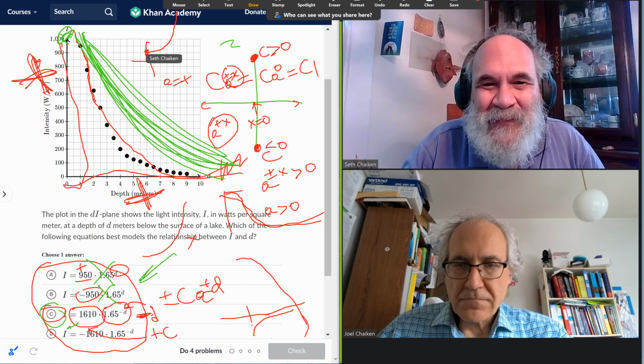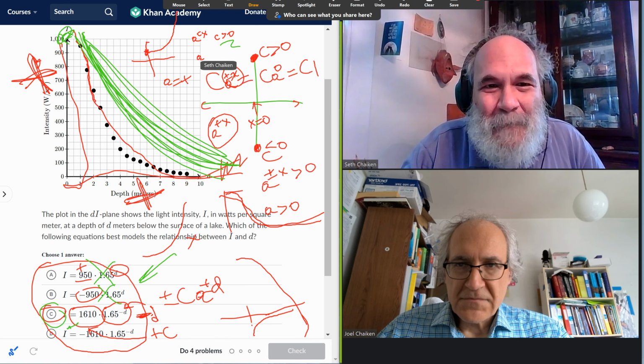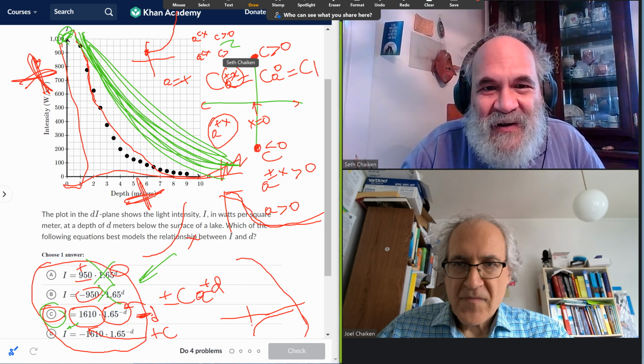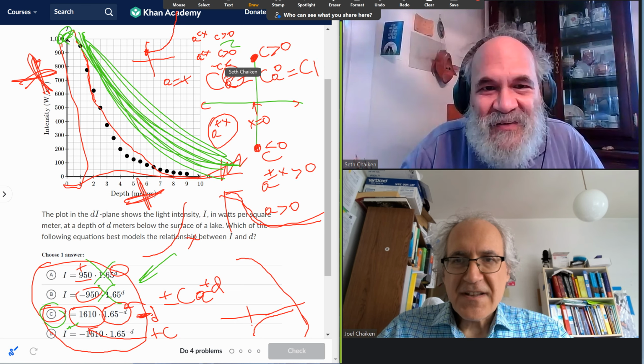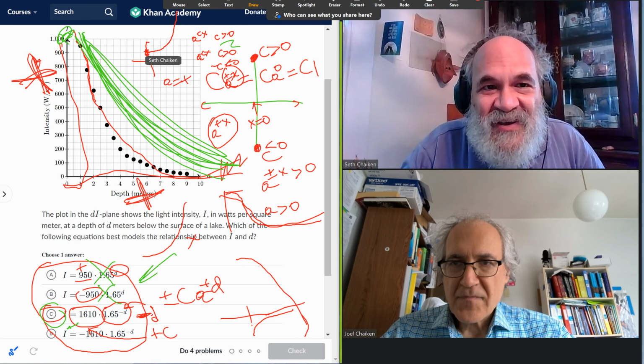When it's a to the minus cx, again c is greater than 0, so minus c is less than 0, then you have exponential decay.